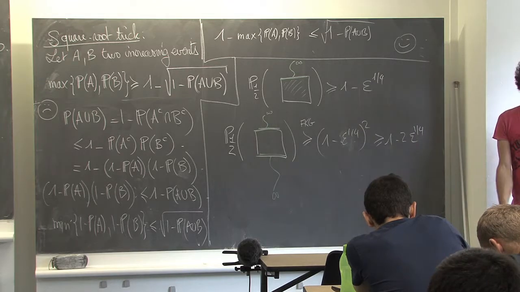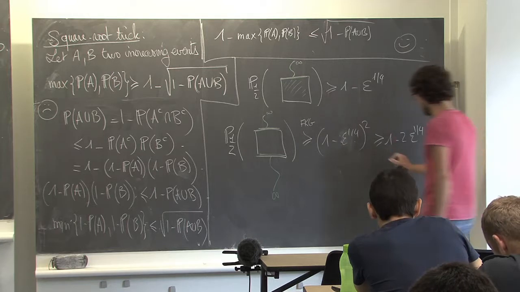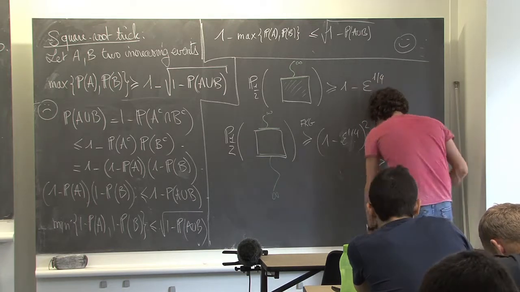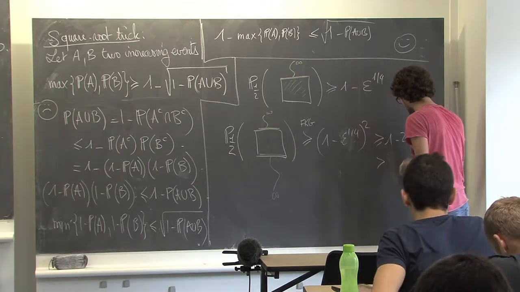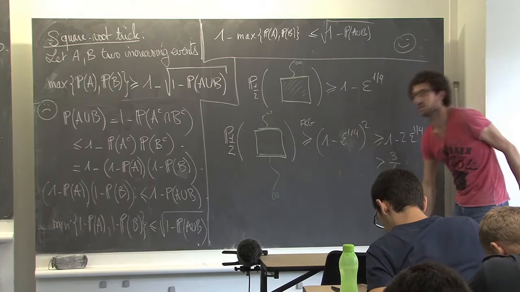Take this quantity to be strictly larger than a half. So let's take even 3/4. So you see, you can try to deduce what is the best epsilon here.